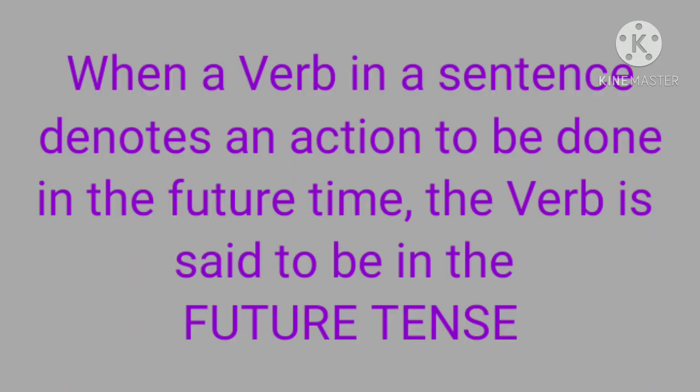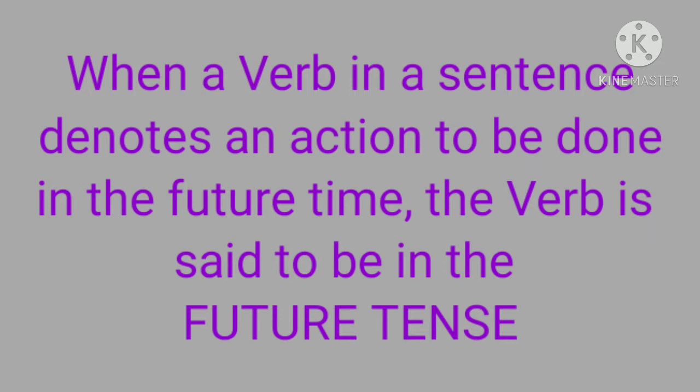So now when a verb in a sentence denotes an action to be done in the future time, the verb is said to be in the future tense. And remember children, in the future tense in the sentence, we will always have to write will before the verb. That I will do it, I will eat it, I will go.